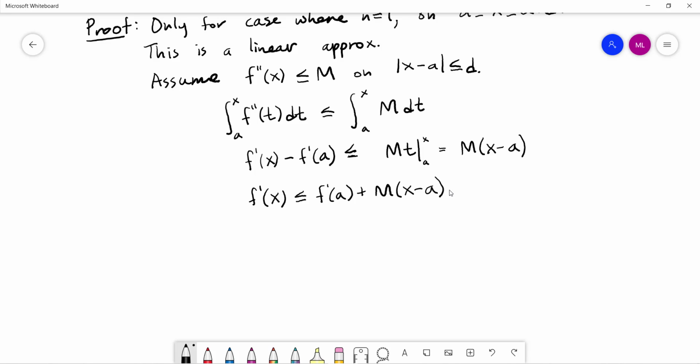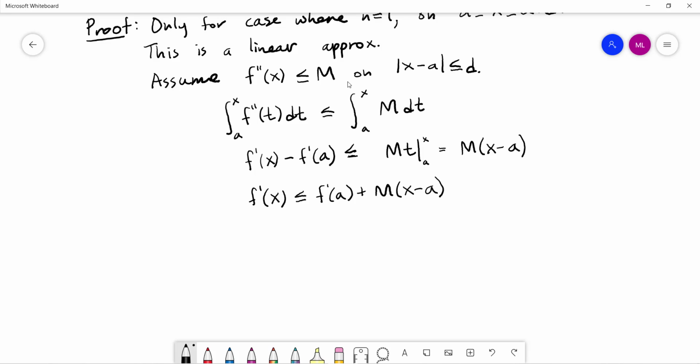In a sense, you can almost think of it as the linear approximation of the derivative, where this m is some bound on how steep the slope of this line can be, but we have a bound on that steepness from up here. So here's an equation for what f prime of x can look like in this regard.